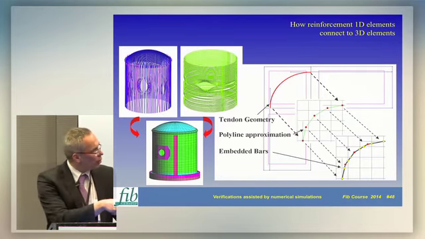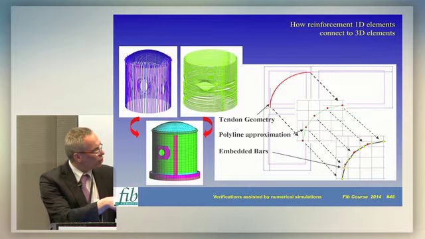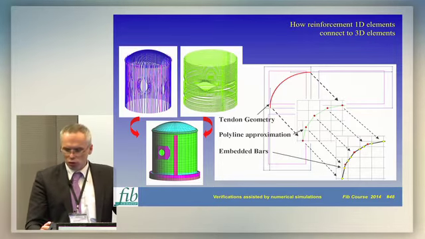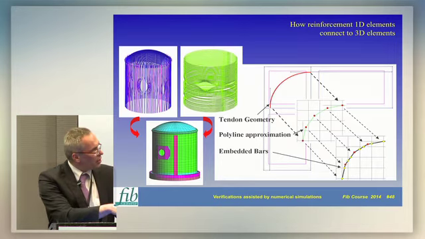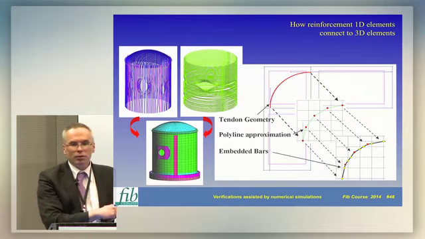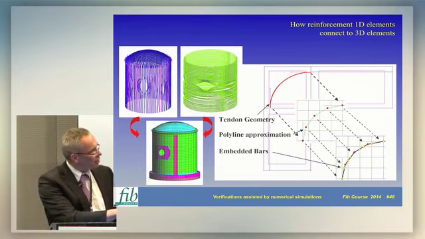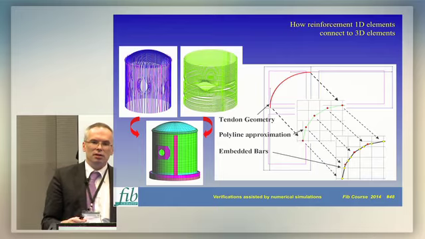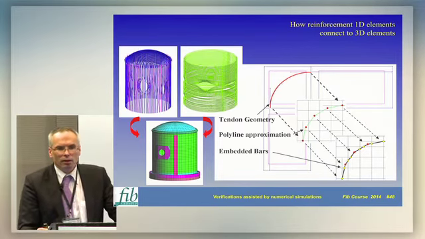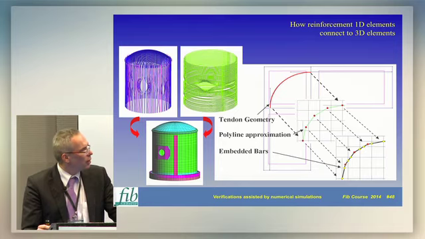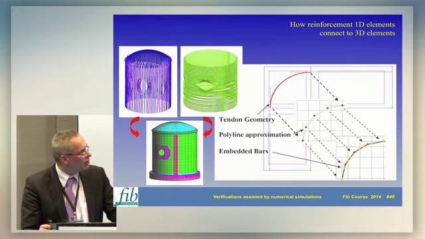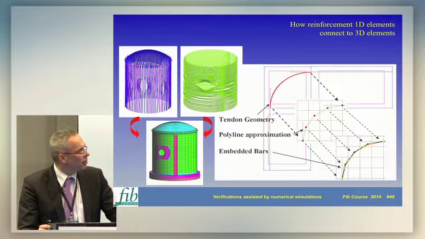We are using the well-known, and I think most software is using the well-accepted embedded approach, in which it is then easy to define the reinforcement totally independently from the 3D model, and then later on, when the finite element mesh is created, the reinforcement is separated into small truss elements, which are then embedded into the solid finite element model.